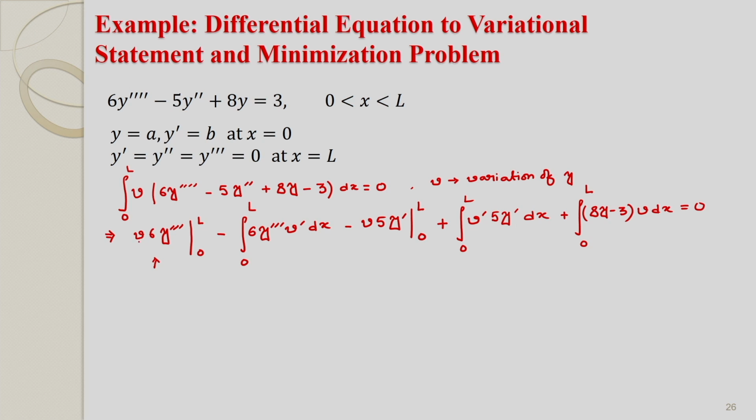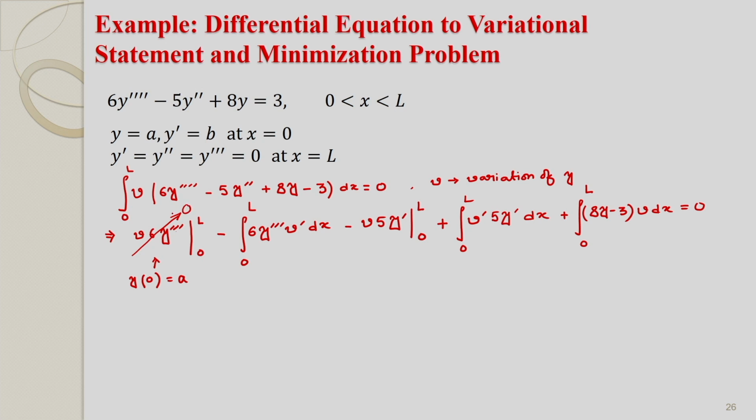So, v is 0 at x equal to 0, and also y triple prime is 0 at x equal to L. So, at both x equal to 0 and x equal to L, the contribution of this boundary term is 0.